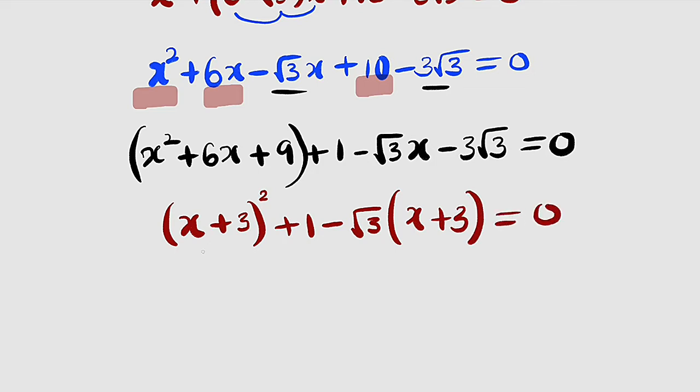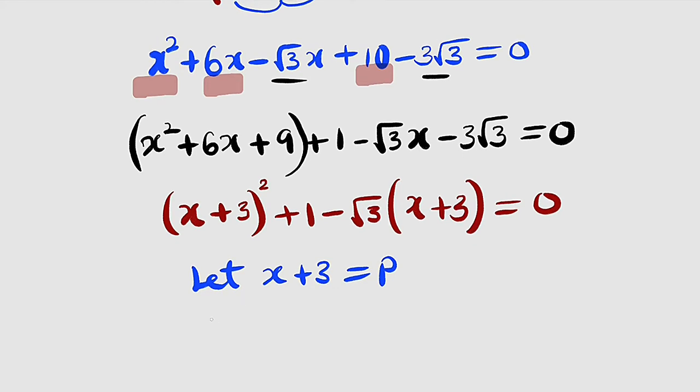Now I would like to let x plus 3 be equal to something else. Can we let it be equal to p? Let's do that. Let x plus 3 be equal to p so that we have p to the power of 2 plus 1 minus root 3 p.